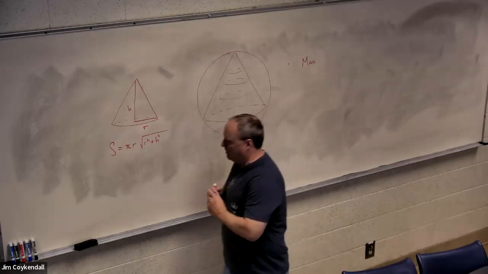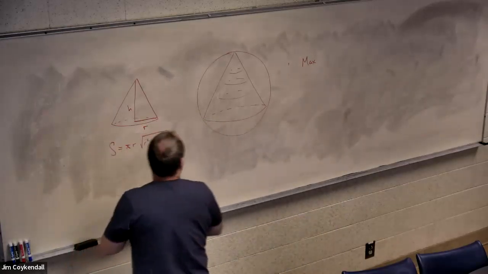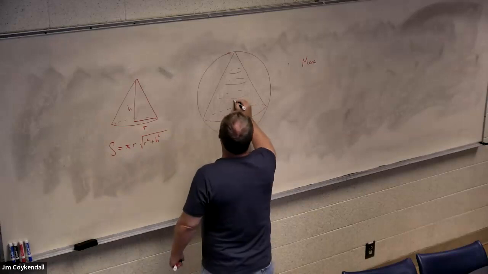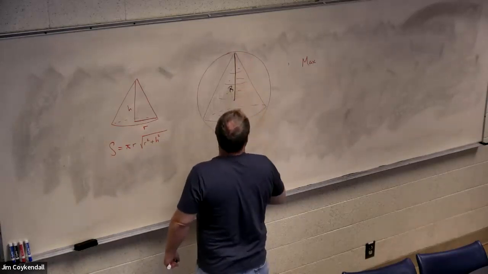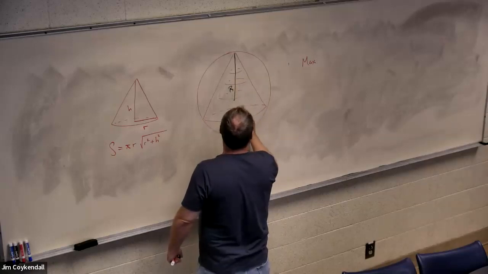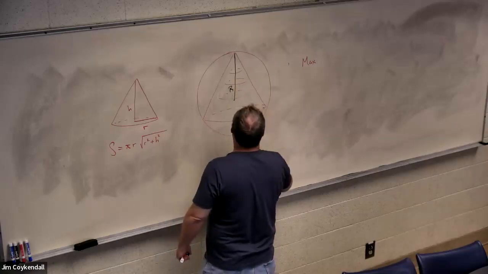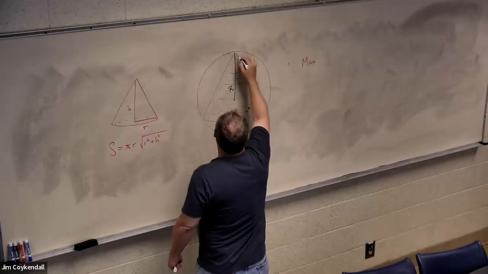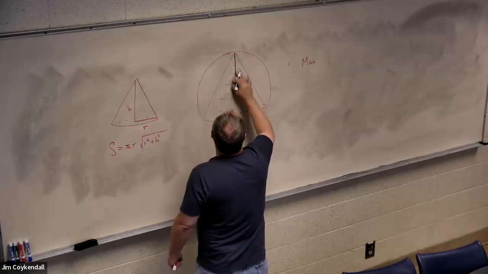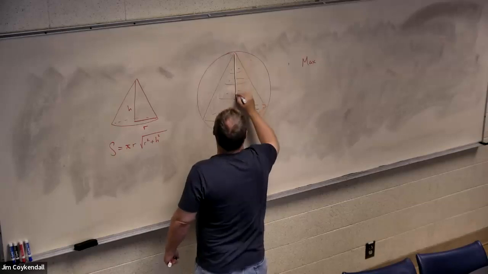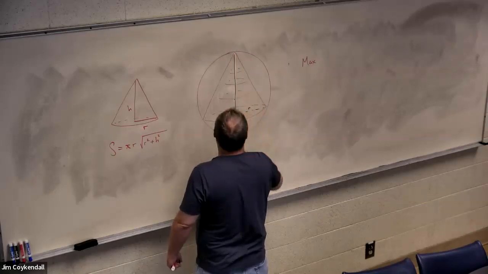And let me do a little bit more drawing on this. The radius of the sphere is capital R. The radius of the cone inside here is little r, and the height of the cone is h.